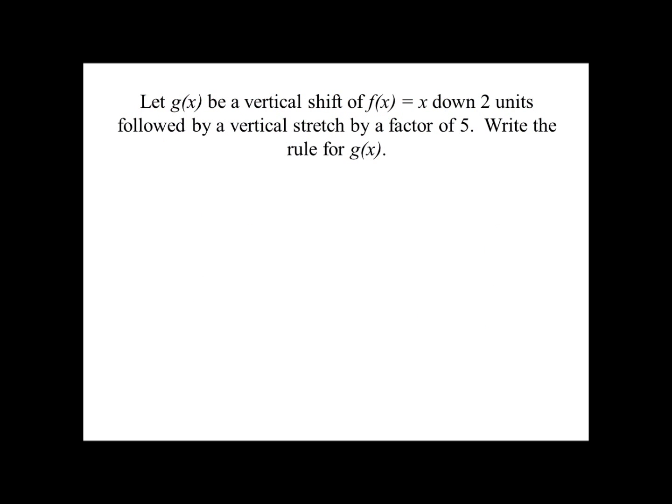All right, here's another one. Let g of x be a vertical shift of f of x equals x down 2 units, followed by a vertical stretch by a factor of 5. So we've got 2 different transformations that we need to make happen. We're just going to apply the rules in order.